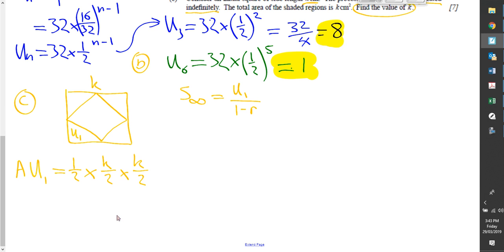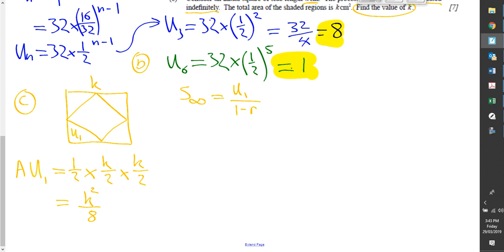That's just our standard area of a triangle. This is to find the area of the first triangle, which is the first term in our series. If we multiply all that together, we'll end up with k squared over 8. So that is our first term.